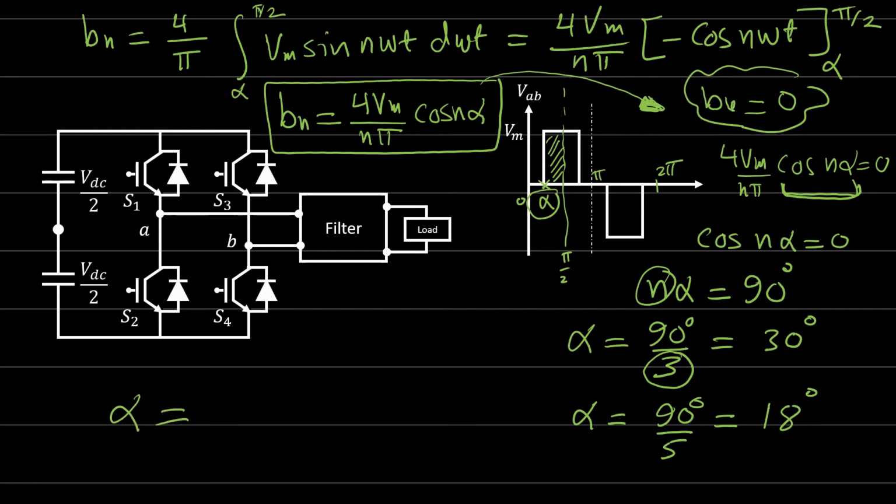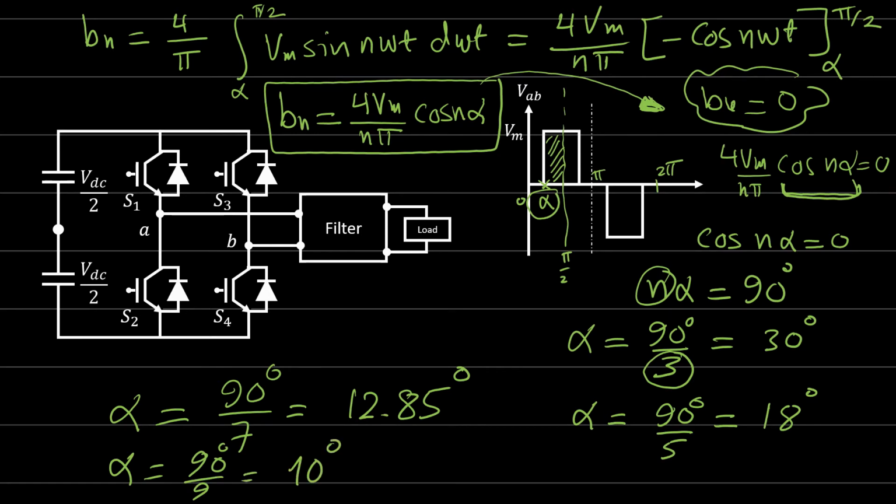We can say n is equal to 7, right? Or 5, we said 18 degrees. N equal to 7, so this will be how much? 90 degrees over 7, and this will be 12.85 degrees. Here we can say 90 over 9, and this will be 10 degrees. Okay, we can start alpha at 10 degrees.